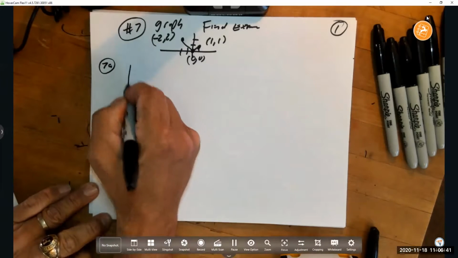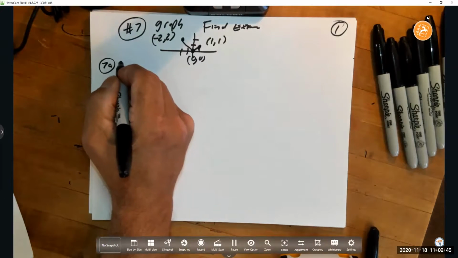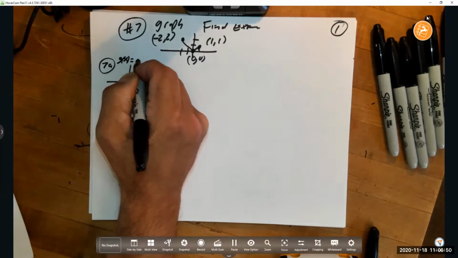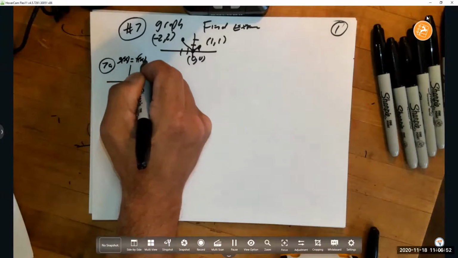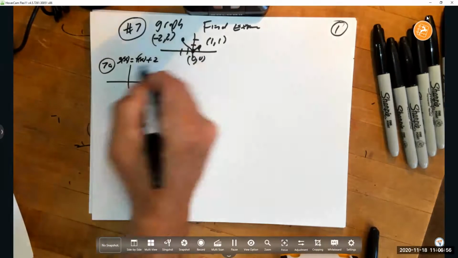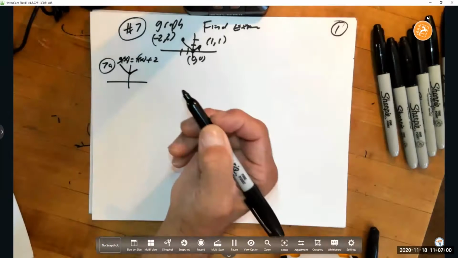I'm going to say, what happens to this graph right here if I say g of x is equal to f of x plus 2, right? So the same graph right here, what's going to happen is it's just going to go up 2 spaces right there. That's all it's going to do.